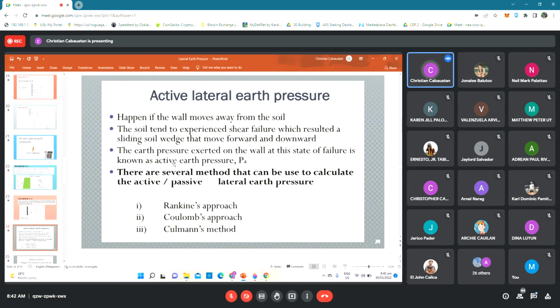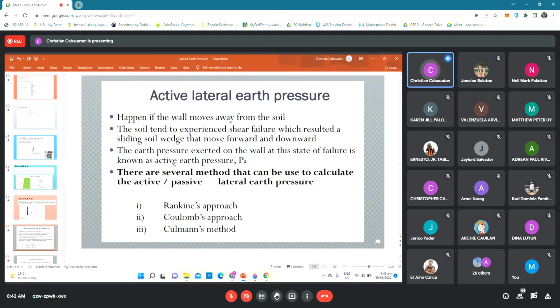Tinutulak ngayon ni soil si wall na nilagay natin. Therefore, mas malakas yung force ni soil compared to the force of your wall. And then the earth pressure exerted on the wall at this state of failure is known as the active earth pressure, PA.